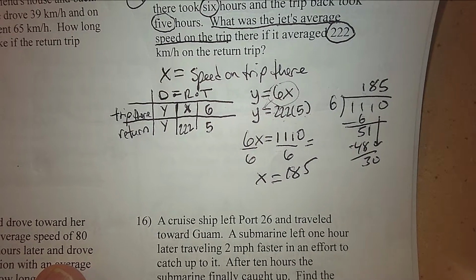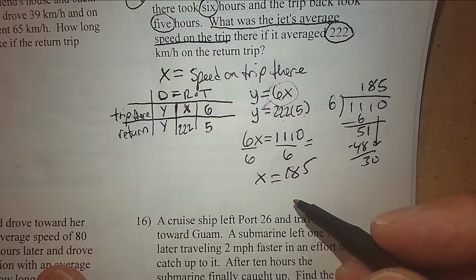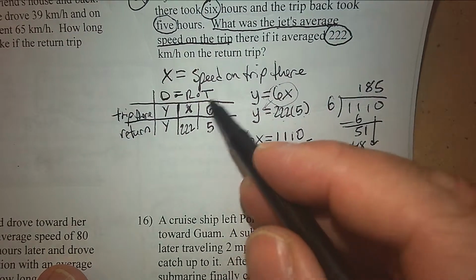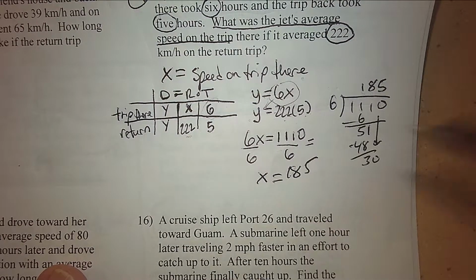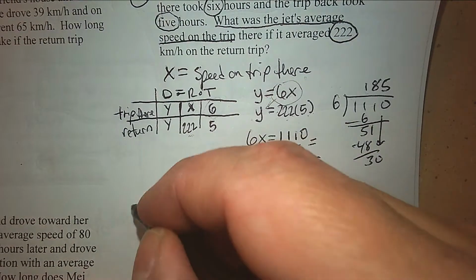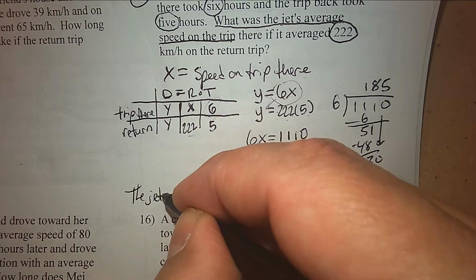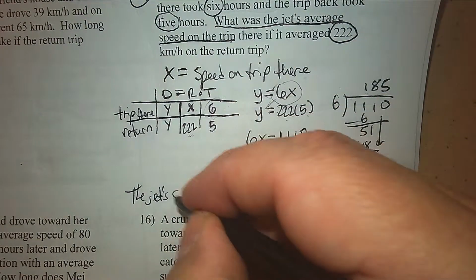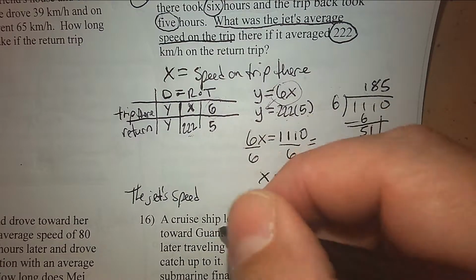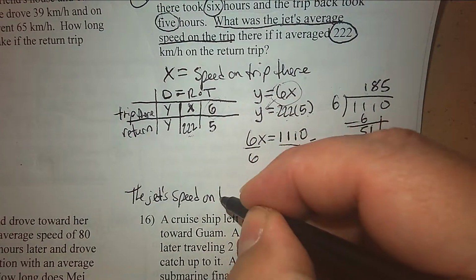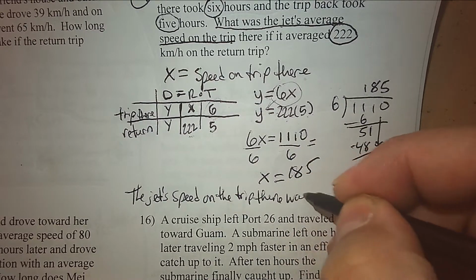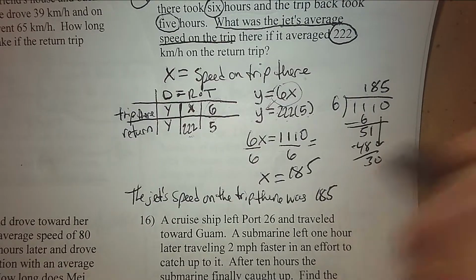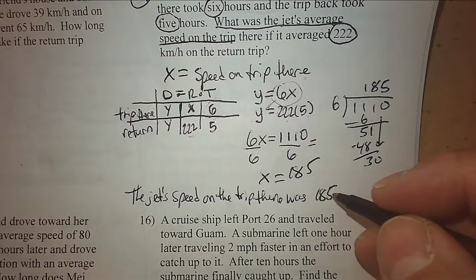Does it make sense that the plane was going slower on the way there because it took more time? So it makes sense it's less than 222. So the jet's speed on the trip there was 185 kilometers per hour.